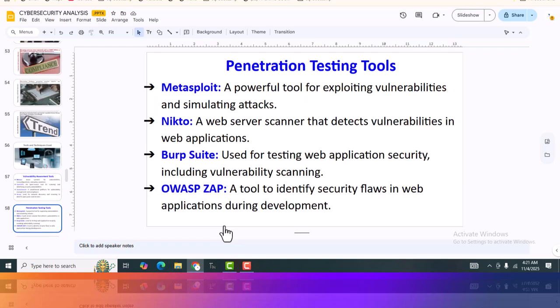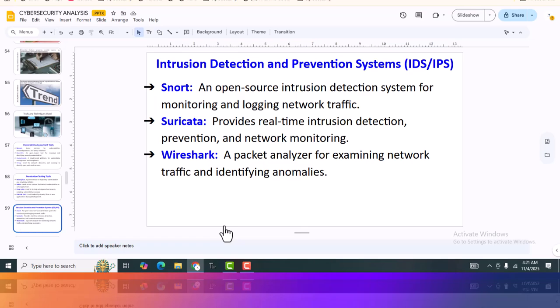Another one is penetration testing tools. We need some tools to be able to penetrate through the system to be assured. It will not be a full penetration test, but they can also do DNS analysis or even social engineering analysis. We also look at intrusion detection and prevention systems, the IDS and IPS, with tools like Snort, Suricata, Wireshark.